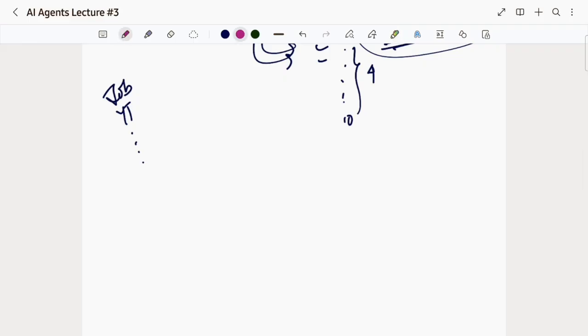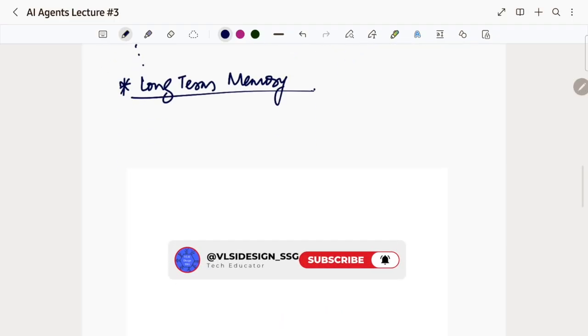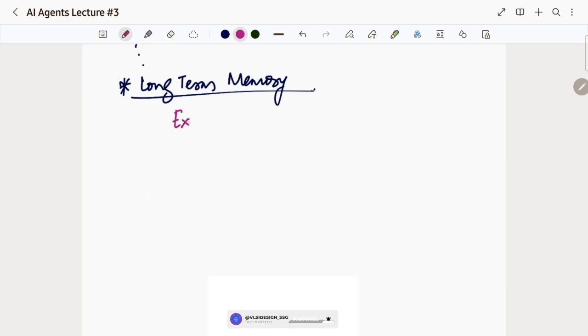If we are talking about short term memory, then we should also talk about long term memory. So let us look into that as well. When we talk about long term memory, what do we talk about? We actually talk about external storage.